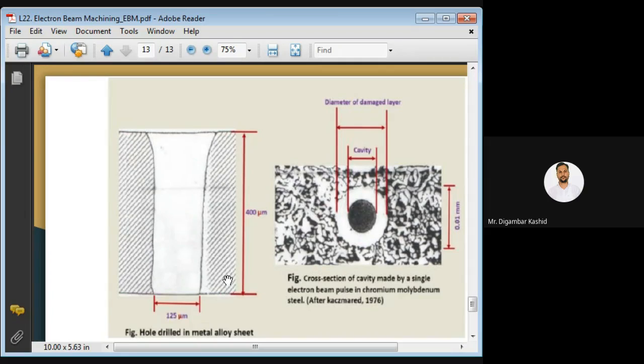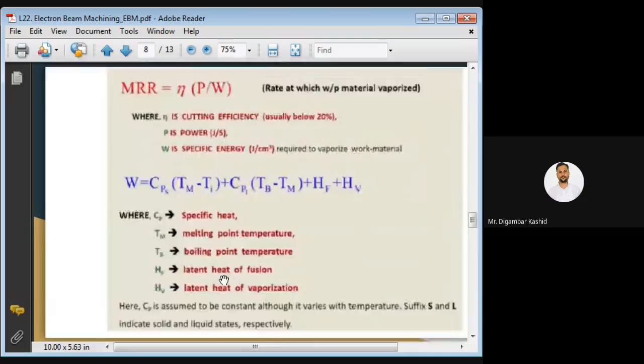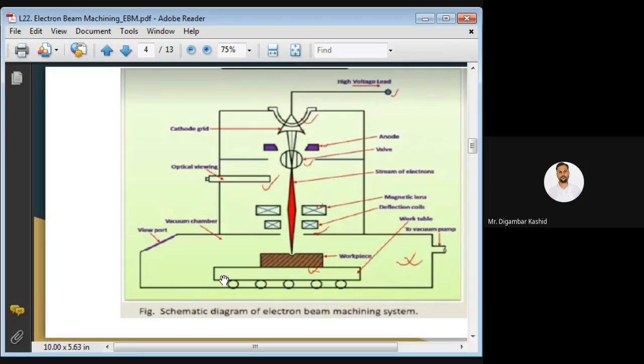Now I request you, please draw this diagram. This is an important diagram.